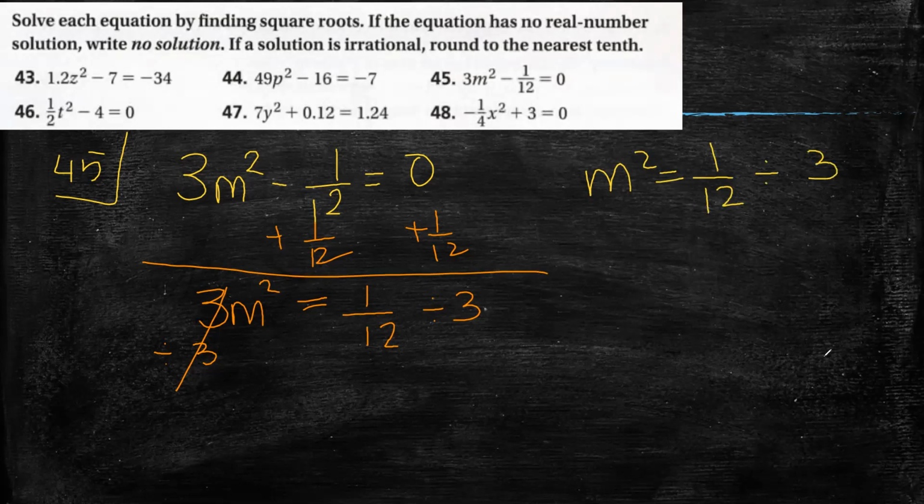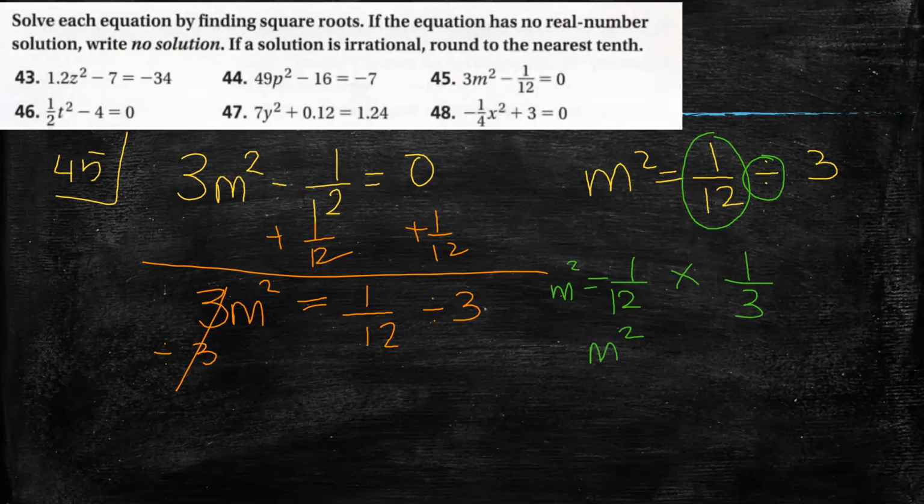Now, as you remember from grade 6, if you have to divide two fractions, keep the first one as it is, change the division sign to multiplication, and change the divisor to its reciprocal, which is 1 over 3.